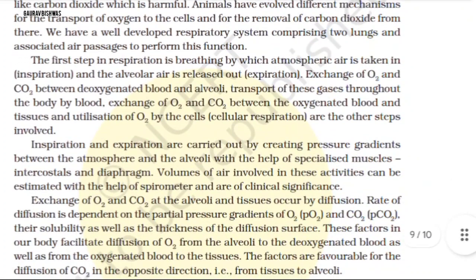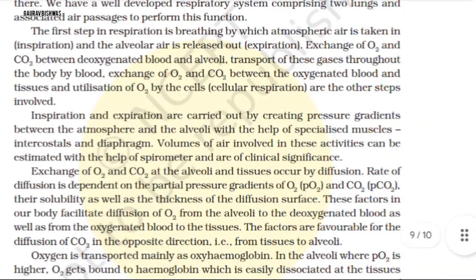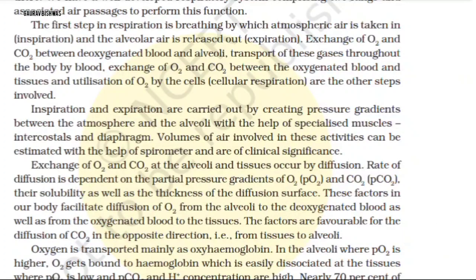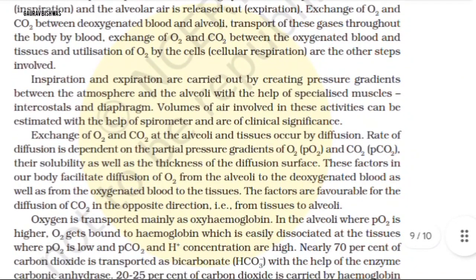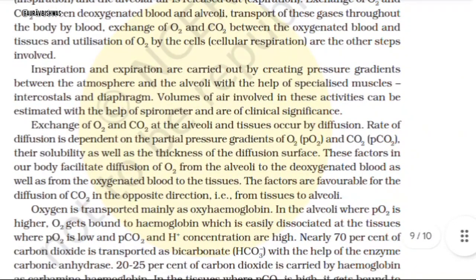The first step of respiration is breathing, by which atmospheric air is taken in by inspiration and alveolar air is released out by expiration. Other steps involved are exchange of oxygen and CO2 between alveoli and deoxygenated blood, transport of these gases throughout the body, exchange of O2 and CO2 between oxygenated blood and tissue, and the utilization of oxygen by the cells, which is cellular respiration.